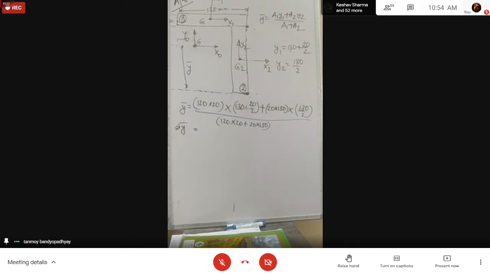Sir, 49 millimeter. So I don't know. From above. Okay. So from above, you calculate from the bottom. Right. From bottom it is 101 millimeter.